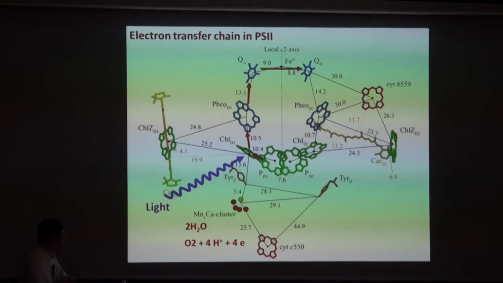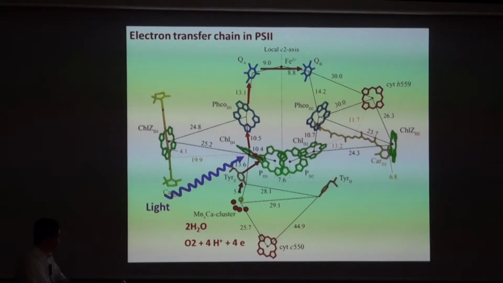This electron is donated from a nearby molecule, which is an amino acid residue, tyrosine, of a protein subunit, which we call the D1 subunit here. Then this tyrosine residue in turn wants to receive another electron from a nearby molecule. And this electron is donated from here, which is a manganese-4 calcium cluster.